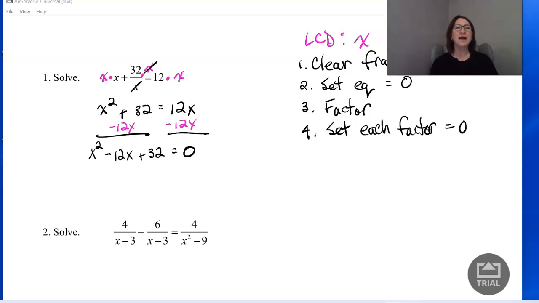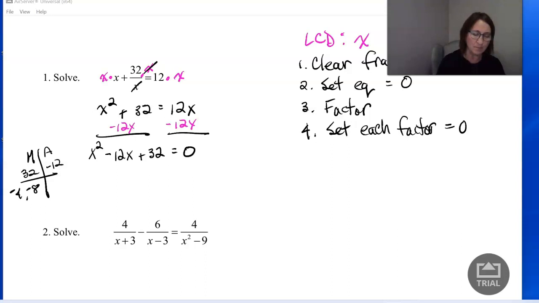All right, so X squared minus 12X plus 32. I'm looking for what can I multiply that gives me 32 but adds to negative 12. So it multiplies to give me 32, adds to negative 12. So I'm thinking, well, 4 and 8 multiply to 32, but if I add them, I get a positive 12.